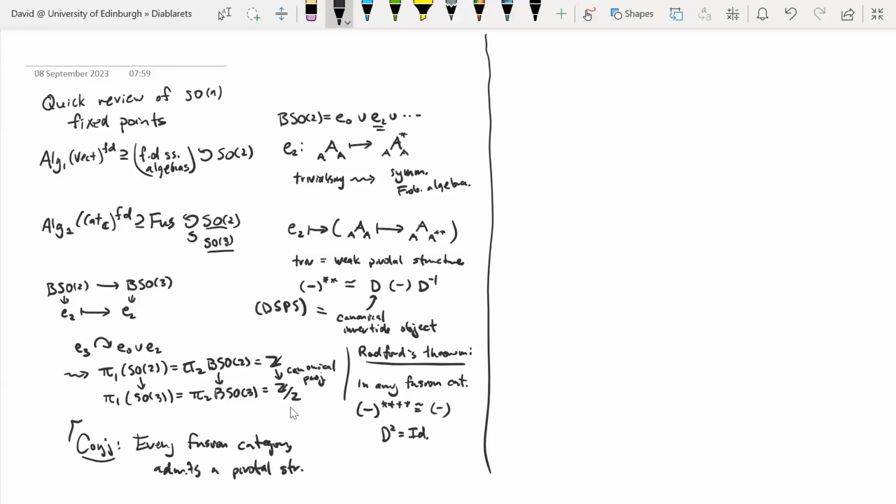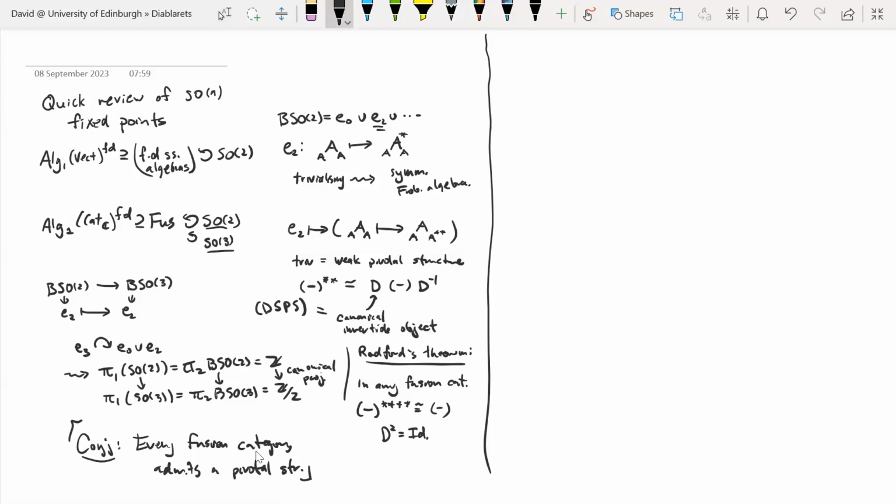As far as I know, this is still open, and if that's true, it's been open for a long time, and it's pretty tantalizing because you get a square of a pivotal structure for free. But constructing pivotal structures in some canonical way is not known.